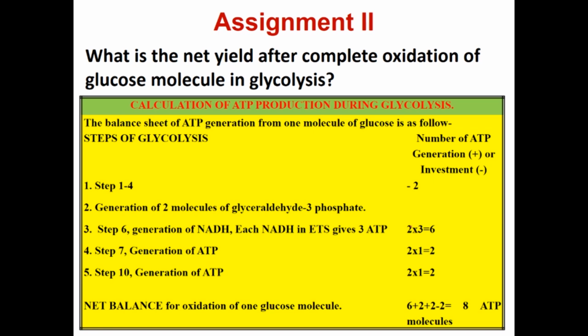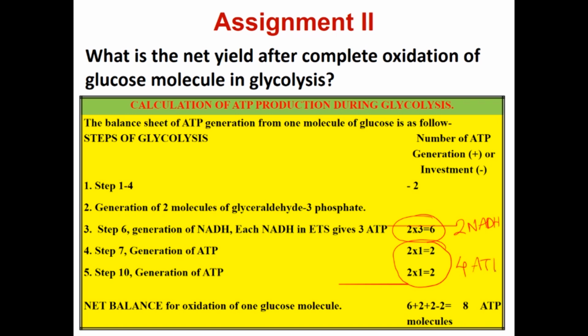So in step 6 of glycolysis, you are generating 2 molecules of NADH, and you are generating 4 molecules of ATP from steps 7 and 8. So what you have is 2 NADH molecules and 4 ATP.